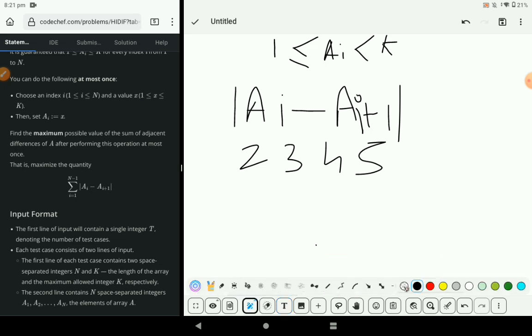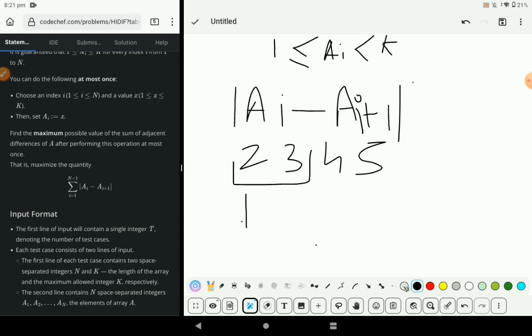Now what we have to do is subtract 2 minus 3, then 3 minus 4, then 4 minus 5. First of all 2 minus 3, what does it give? It gives 1.